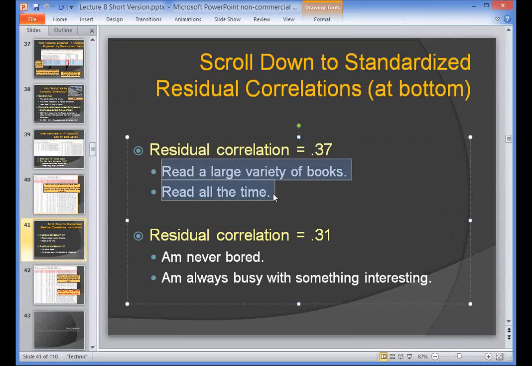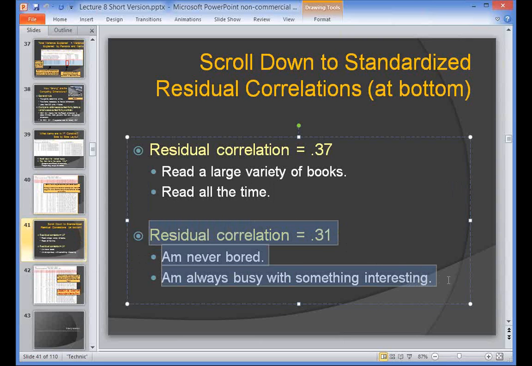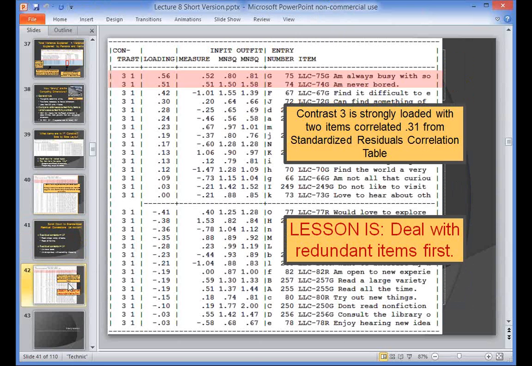So these items are so strongly related that, yeah, they're showing up on our list of dependent items, and because we haven't removed them yet, they're also showing up in the first contrast. Okay? And then the second set of dependent items are these: I'm never bored and I'm always busy with something interesting, and the item residuals there are correlated 0.31.